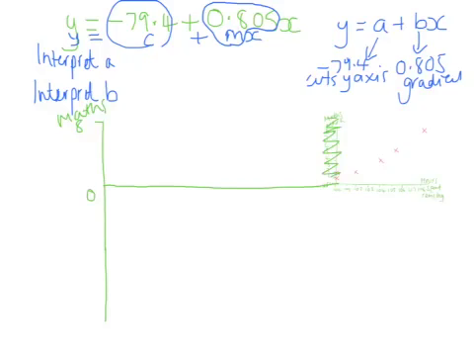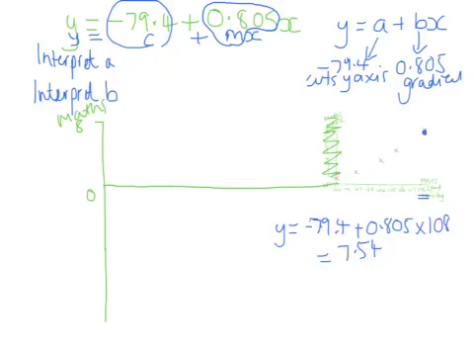Right, let's see if we can plot a point. So the easiest thing to do to plot a point is to put in a value for x, say 108, and therefore y is minus 79.4 plus 0.805 times 108. If we do that on our calculator, my calculator is telling me 7.54. So I know roughly 7.54 is about here.